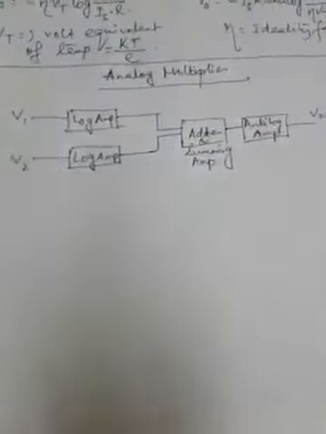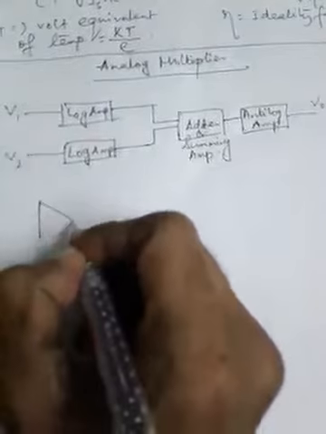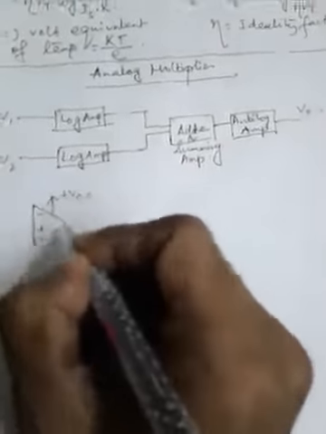So if we now represent this block diagram of analog multiplier as a circuit diagram, it should look like this. Let us first take two log amplifiers.